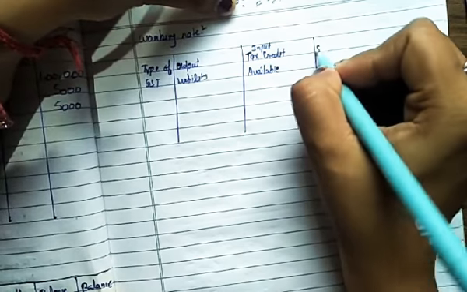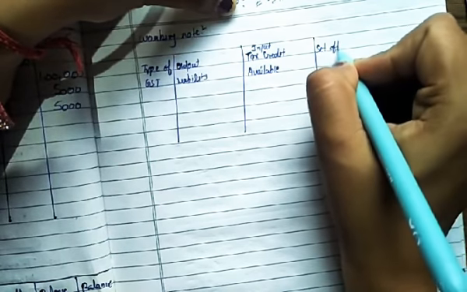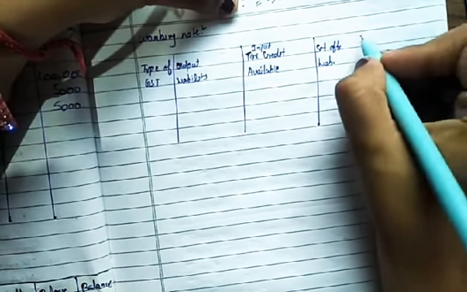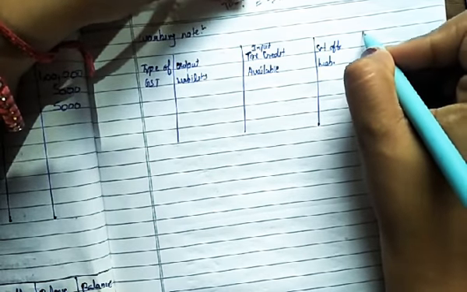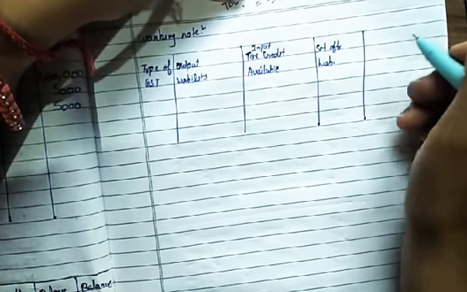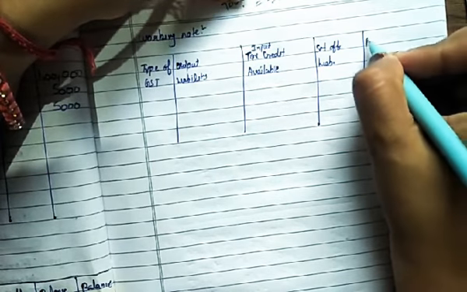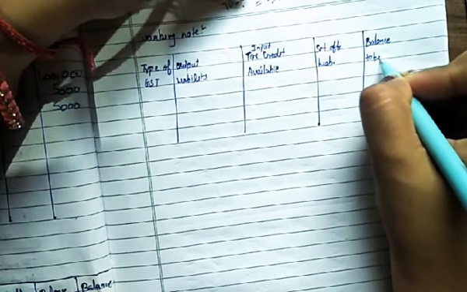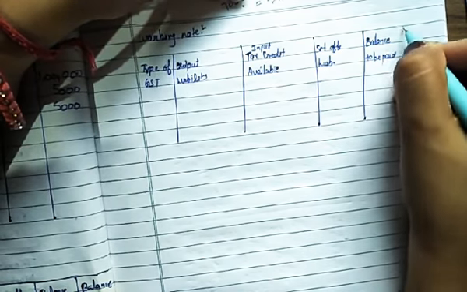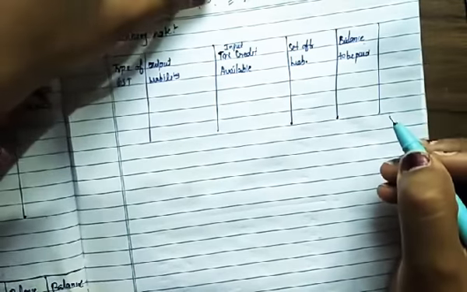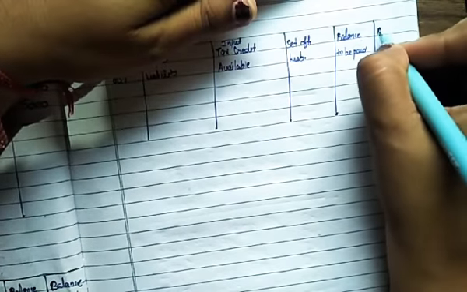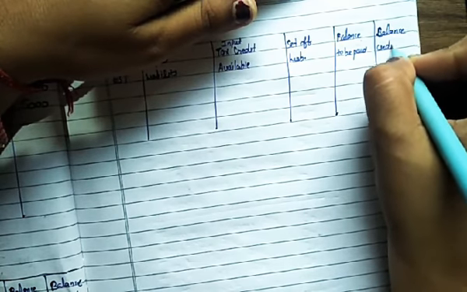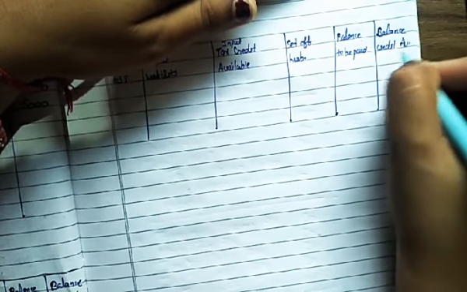Next is set off of liability, that is how much liability is set off. Next column is balance to be paid, and the last column is for balance credit available.